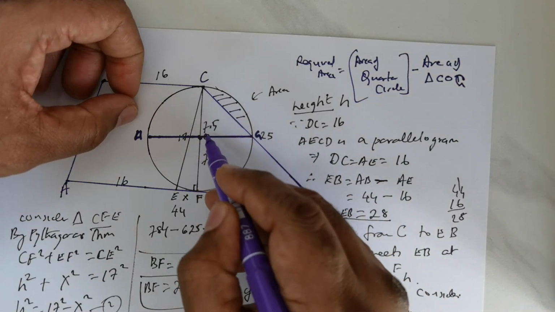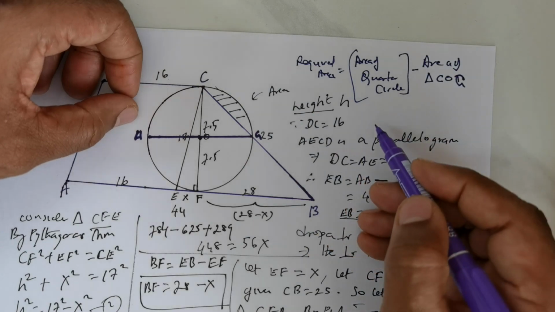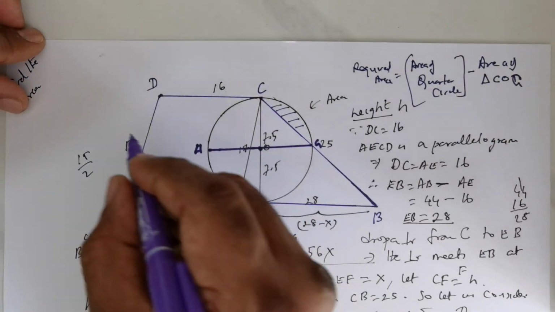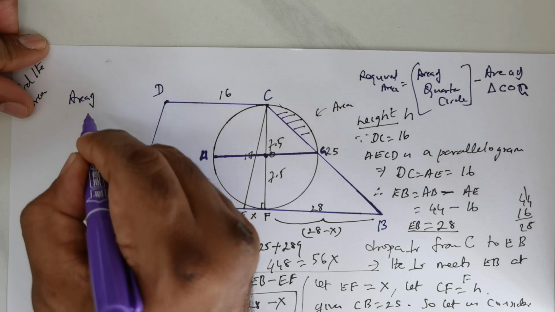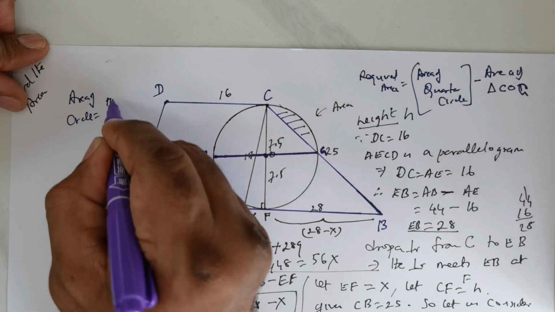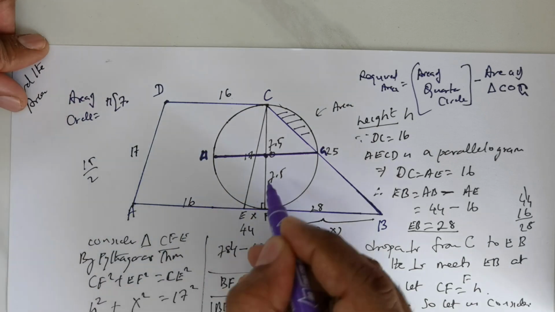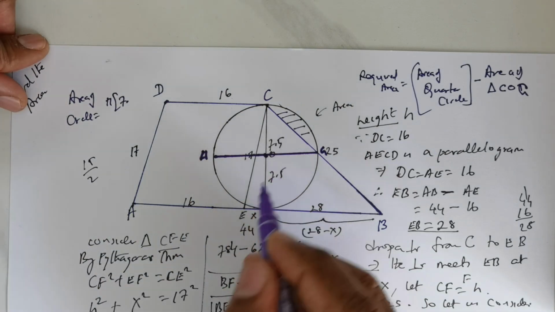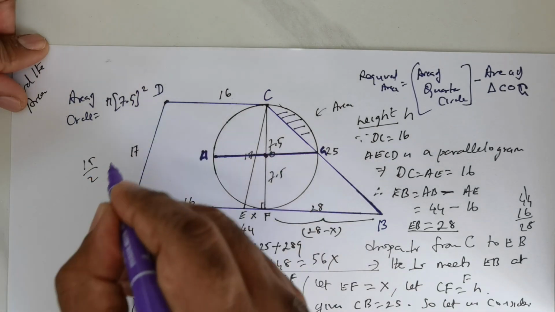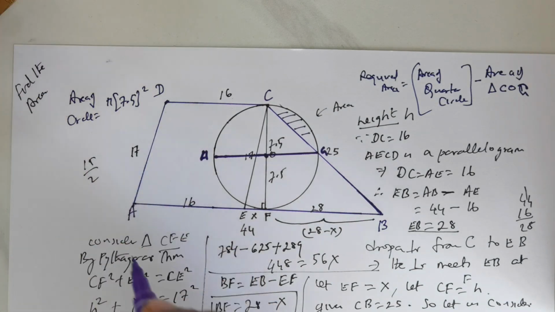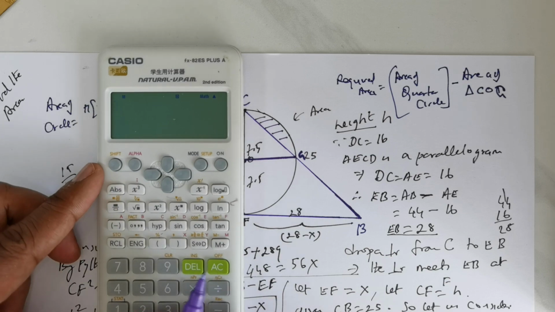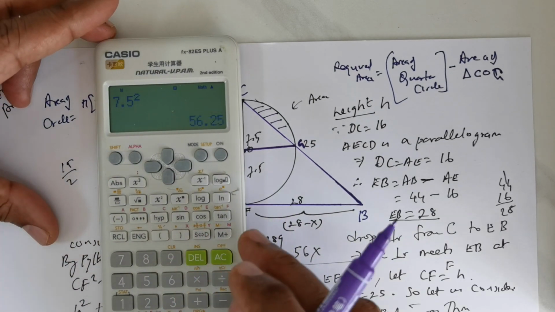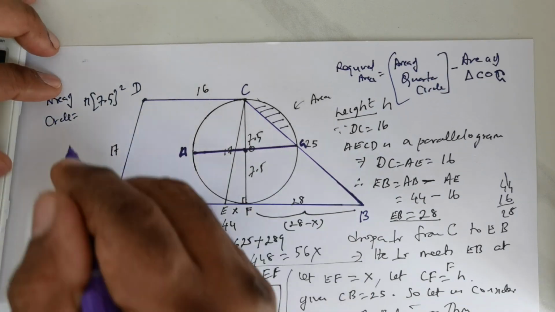Now let us calculate the area of the quarter circle. So what is the area of the quarter circle? So area of the circle is what? Area of circle is equal to pi r squared. So as I mentioned to you, 7.5 is the radius. So 7.5 times 7.5, that's going to give me 56.25.